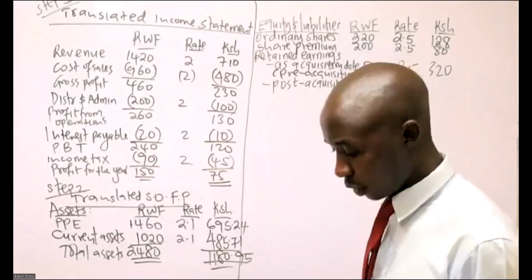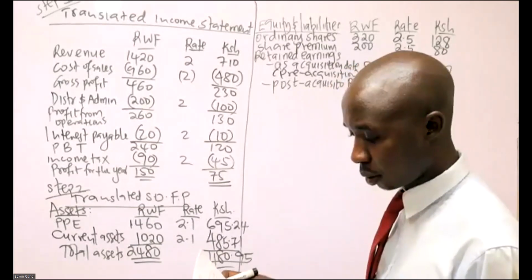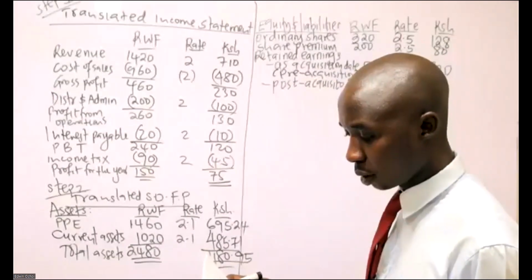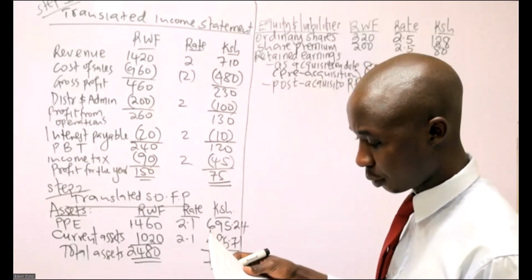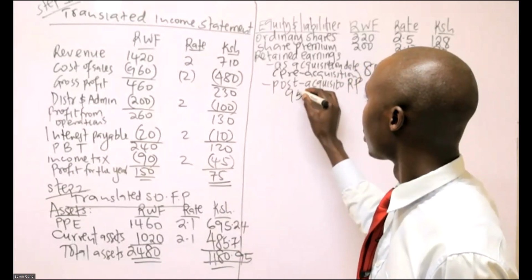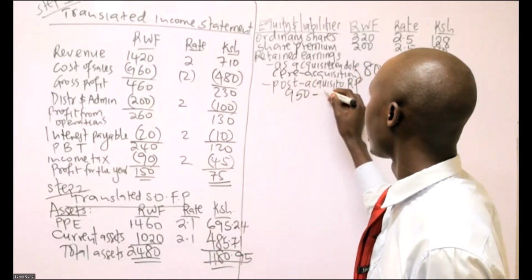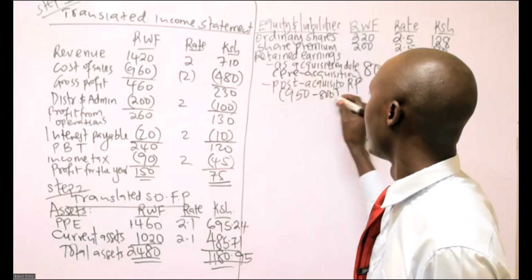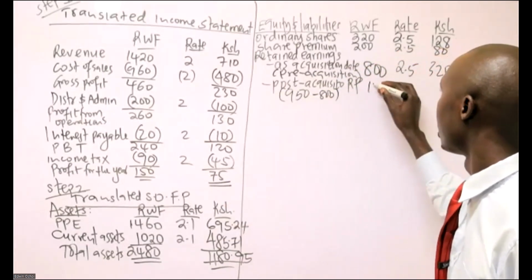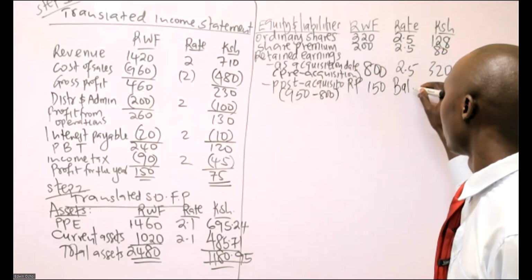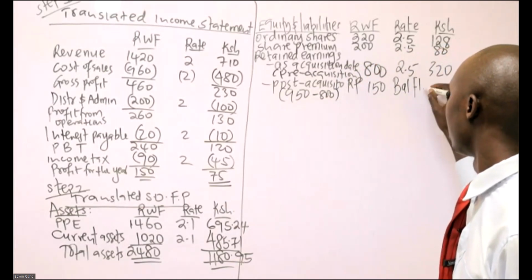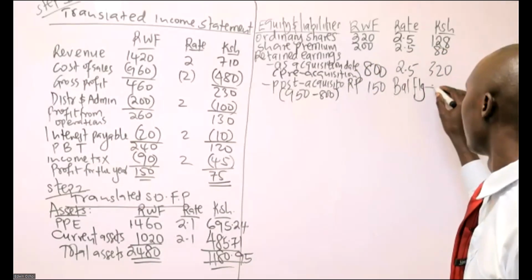This statement of financial position was prepared as at 30th April 2016, as at the end of the year. The retained earnings there is 950, minus this one as at the time of acquisition. Here you get 150. This one doesn't have a relevant rate, but this one would be my balancing figure.